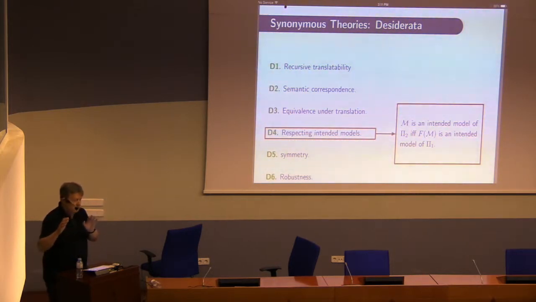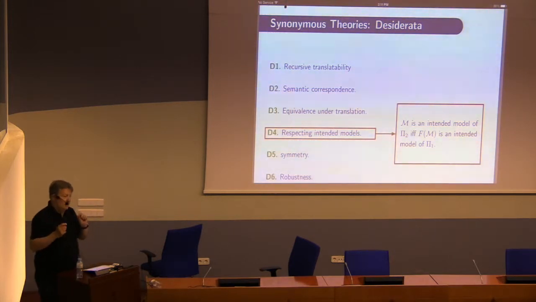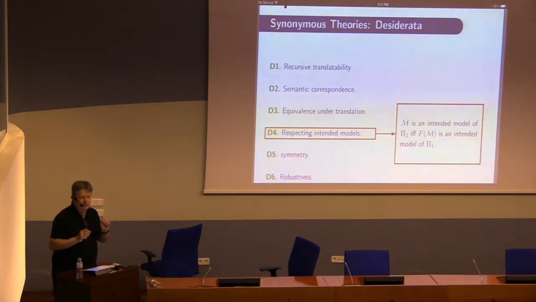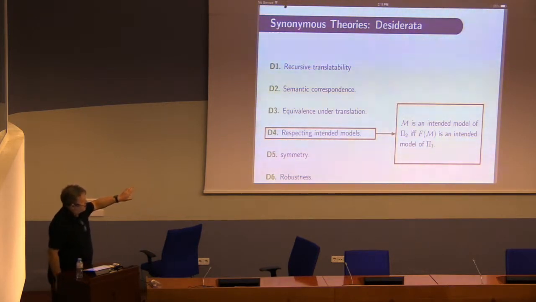And not all models of our representation of cannibals and missionaries will actually refer to the real solutions we want to our cannibals and missionaries problem. So whatever we mean by intended model, and this again will depend on the formalism, we want those things to correspond to each other.